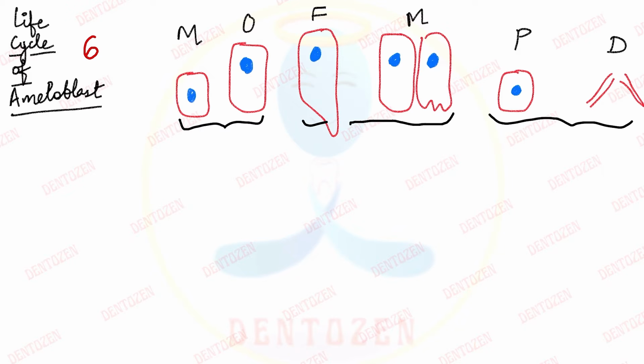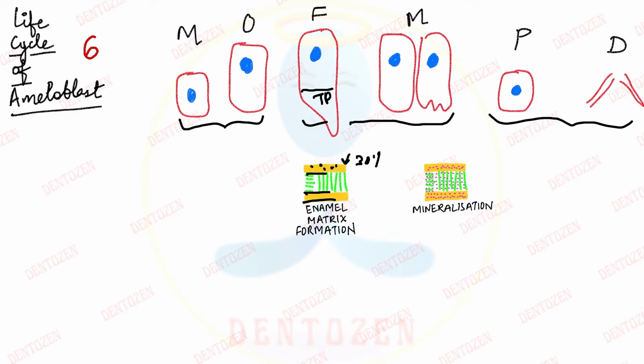During its third stage, that is the formative stage, it forms a process which is known as Tom's process, which forms the enamel matrix, which is laid down in 3 layers. Along with that, there is immediate partial mineralization, that is 30% of mineralization occurs immediately. Mineral is added to this matrix, and after that the cell takes a break, and then it carries out the final mineralization, that is full mineralization.